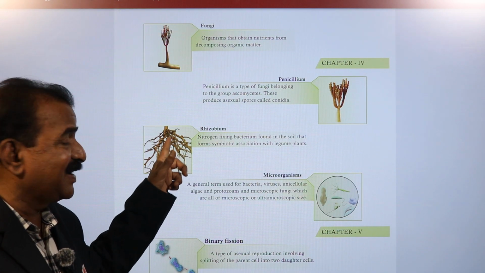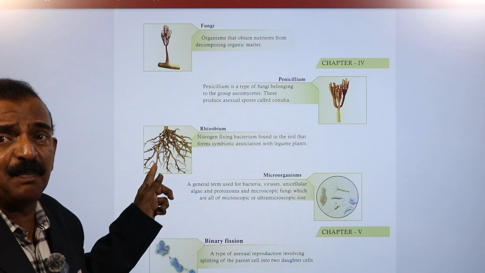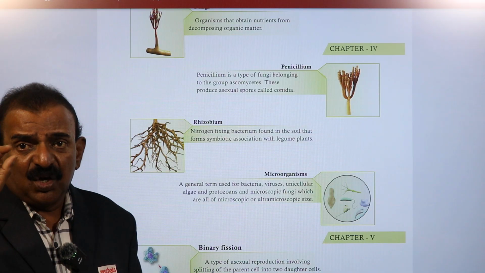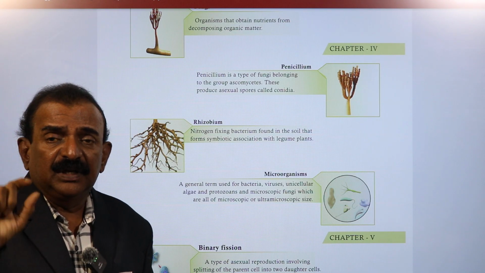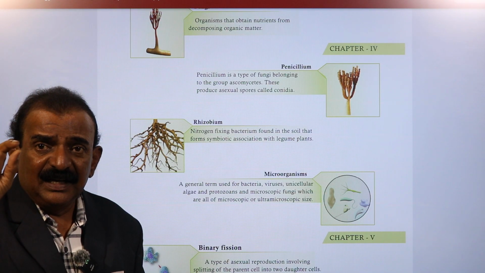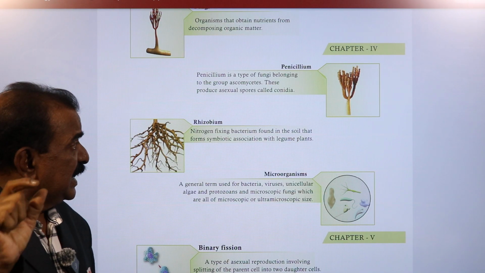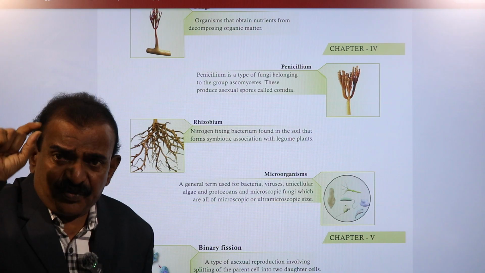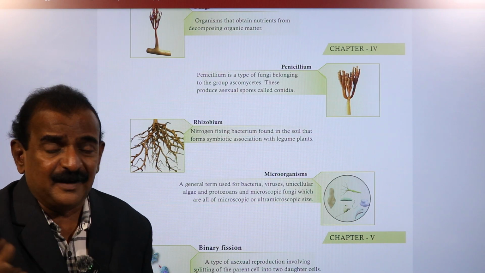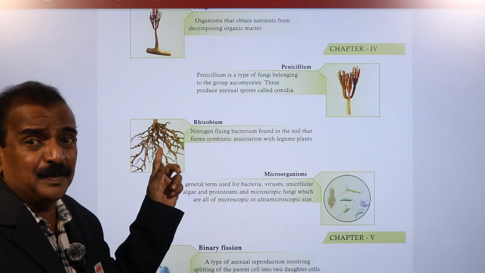So here you are observing leguminous plant roots, and these roots have root nodules, and these root nodules contain Rhizobium bacteria. These Rhizobium bacteria fix atmospheric nitrogen to nitrate, and these nitrates are used by the plants.